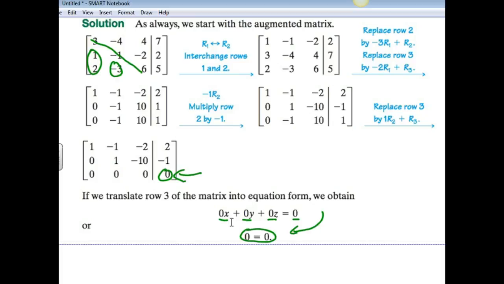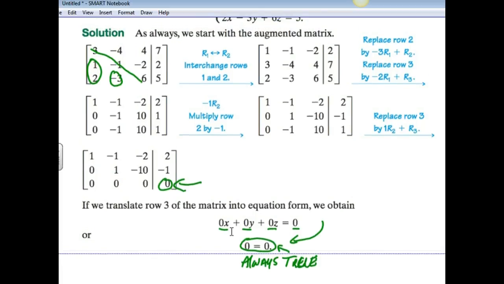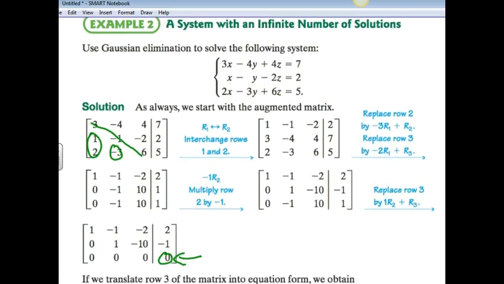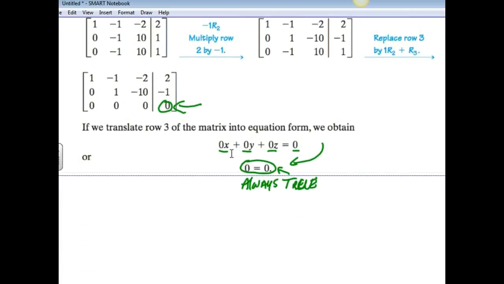Now, because that statement right there is always true, that means that you've run into a situation where you're going to have an infinite number of solutions.